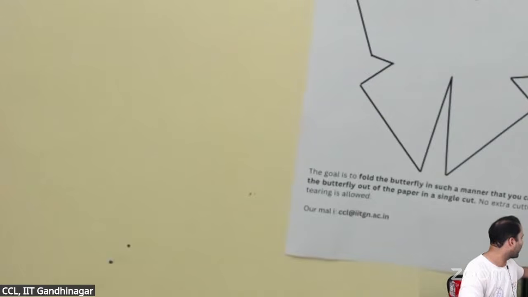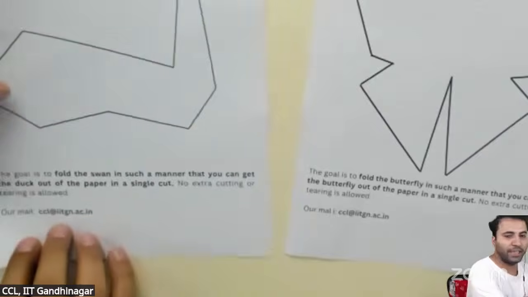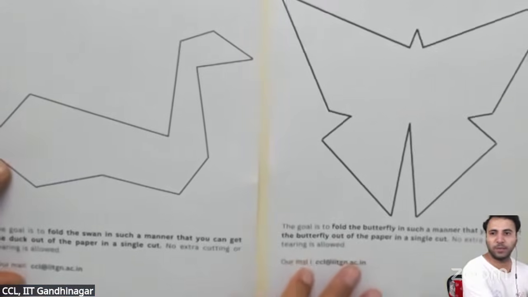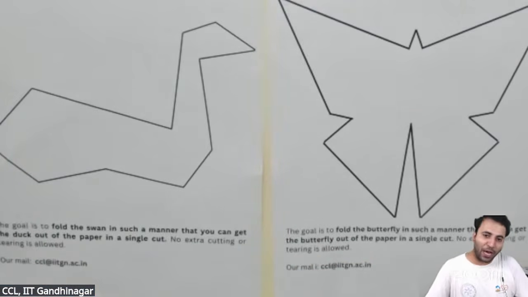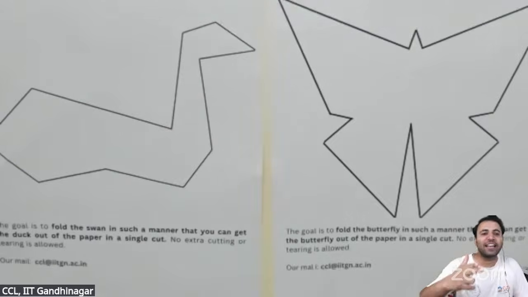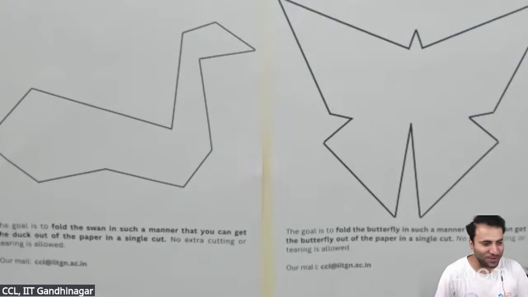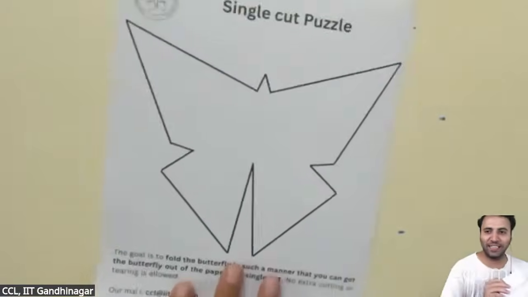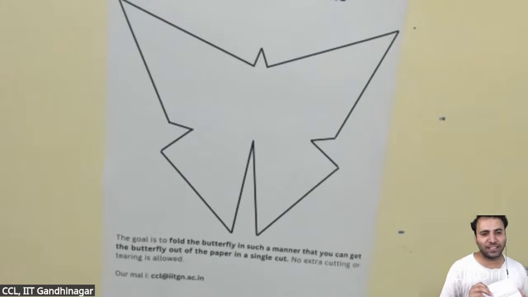एक बटरफ्लाई है और एक ये बत्तख है. इन दोनों आकारों को आपको कुछ इस तरह से फोल्ड करना है कि सिंगल कट ऑफ अ सीजर एंड ऑल ऑफ दैट शेप कैन कम आउट. और सो ये तितली है, उसको कुछ इस तरह से फोल्ड करना है आपको.